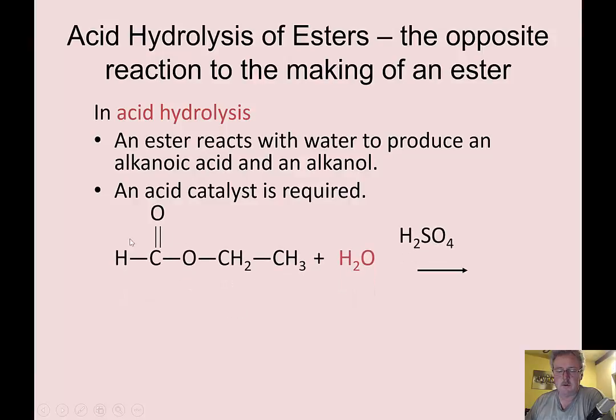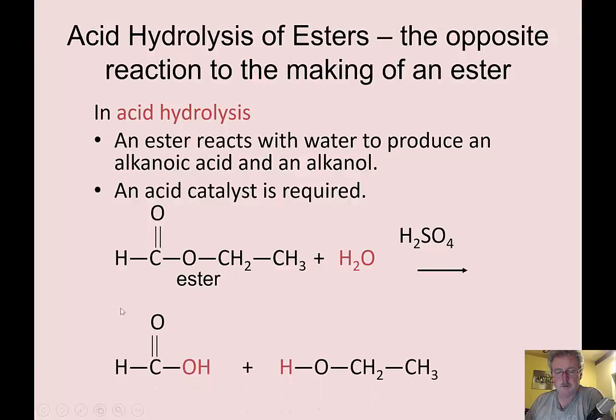You can see here's our ester. We've got our alkanoic acid group and our alcohol group that made our ester, and when we use water and a catalyst, we get our original alcohol that came from this part of the molecule, and we get our alkanol.